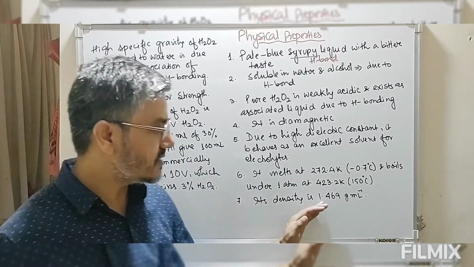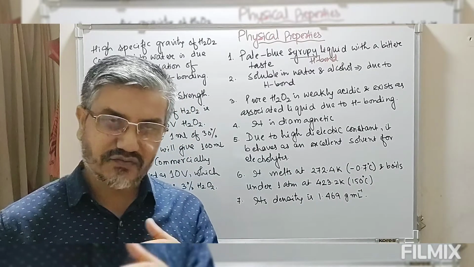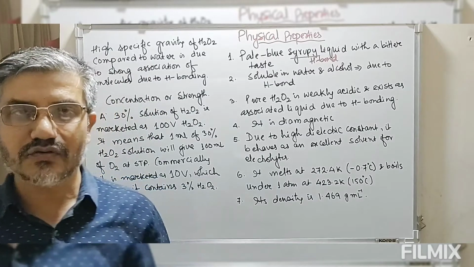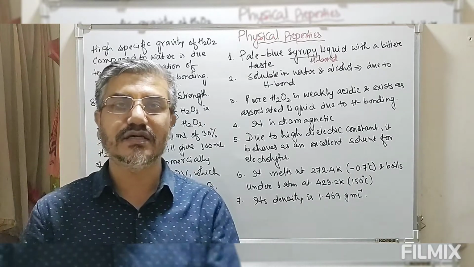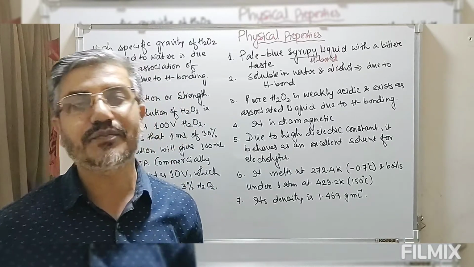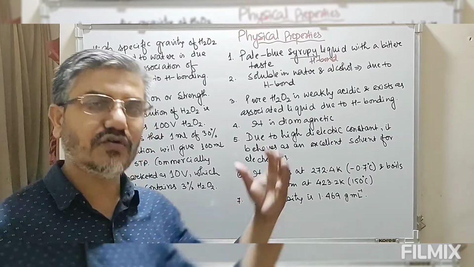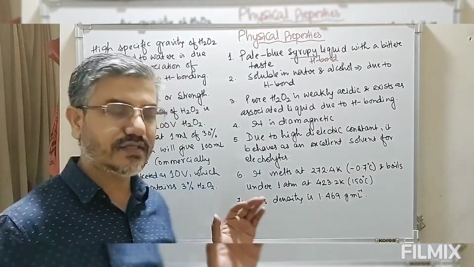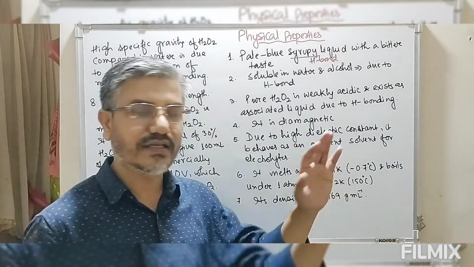Now its density is 1.469 gram per ml, which is again very large compared to that of water. Water at 4 degrees centigrade has a density of 1 gram per cubic centimeter, or 1 gram per ml, whereas the density of hydrogen peroxide is 1.469 gram per ml.